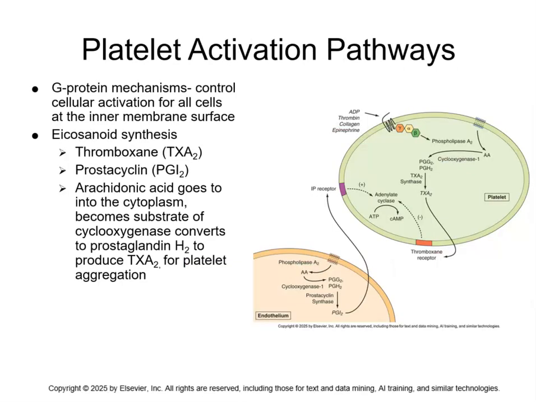So the platelet activation pathways involve what they call G proteins that actually control how the cell releases stuff from the dense granules. Eicosanoid synthesis is sort of like an inflammatory process within the platelets.